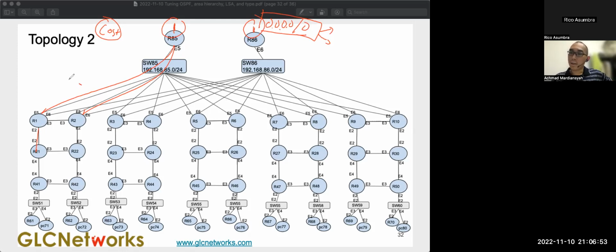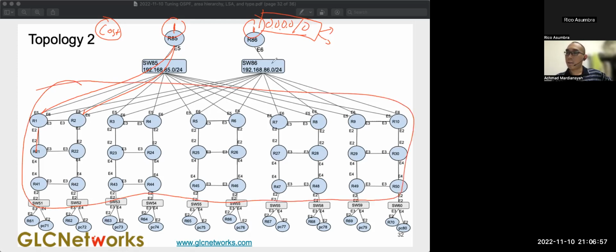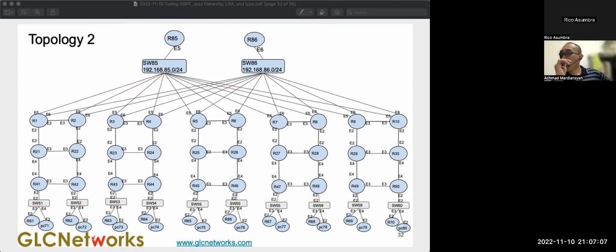Again, all of these routers, including this one, are in area 0. That's the issue. Sometimes we just use one area 0 to make our life easier. It's very simple.